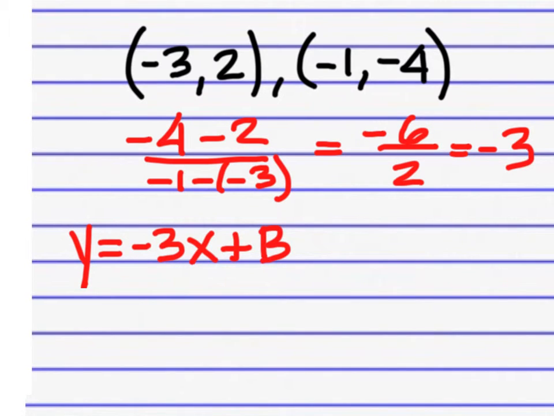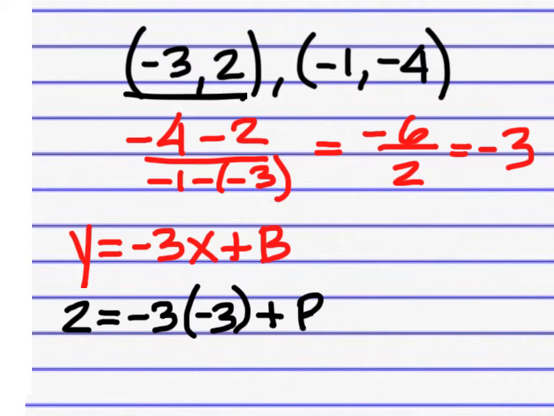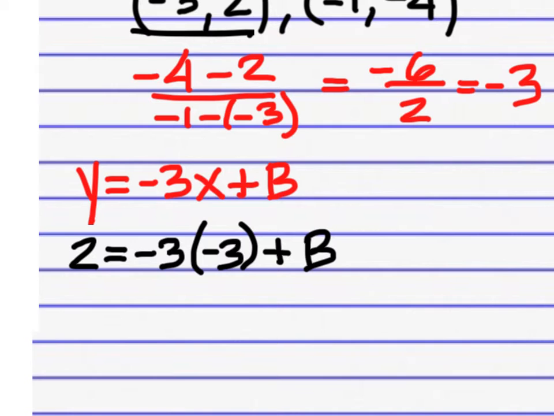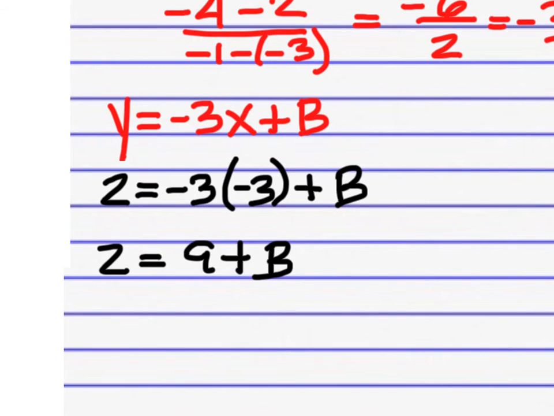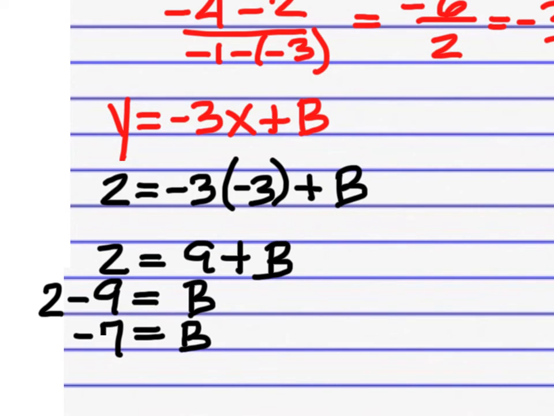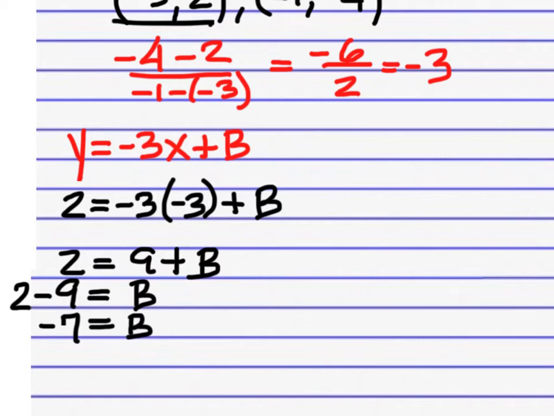And now use the point, negative 3, 2. 2 equals negative 3 times negative 3 plus b. So 2 equals 9 plus b, and we have to move that 9 over to the left, make it minus, come back with a negative 7 for b. And we'll put that into this spot here, y equals negative 3x minus 7.